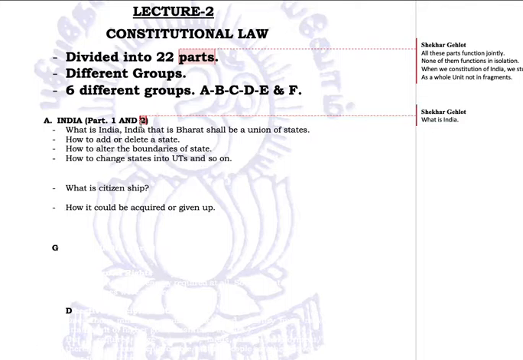That is included in Article 1 of the Constitution of India, which says: India, that is Bharat, shall be a union of states. This is the definition of India given in Article number 1.